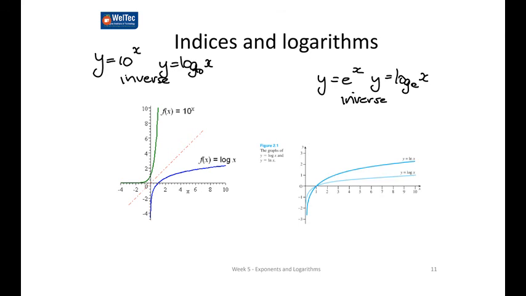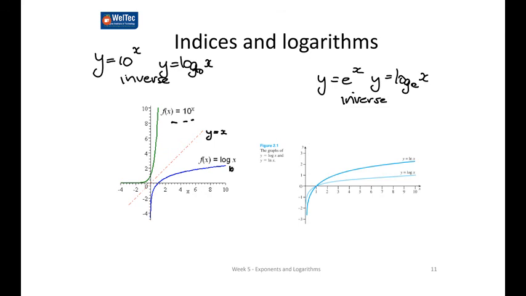So if we're drawing inverse functions, you know that they are reflections in the line y equals x, which is the mirror line here. So if we first up draw y equals 10 to the power of x and then reflect it in the line y equals x, then we get y equals log to the base 10 of x.